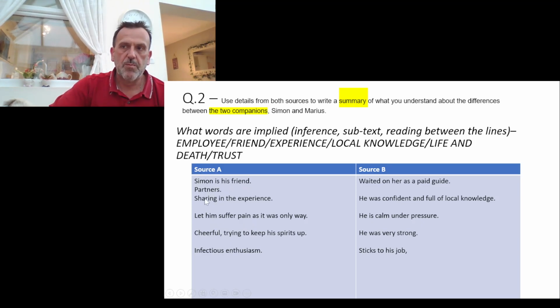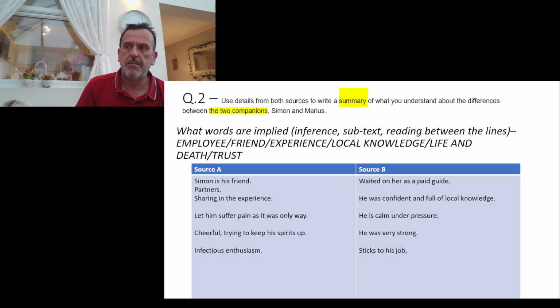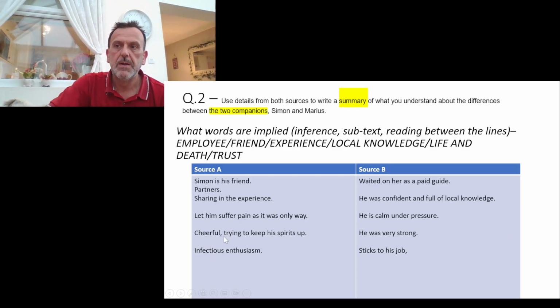The fact that it is all built up about Simon, but then he's still letting him suffer in pain, that must mean that they have no choice. Whereas Marius is just very calm, his professionalism comes through. Simon is very cheerful, he's obviously doing it for a reason, he's trying to keep his spirits up, and in source B, you get a sense that he's using his strength and his expertise and his knowledge to sort out the situation.